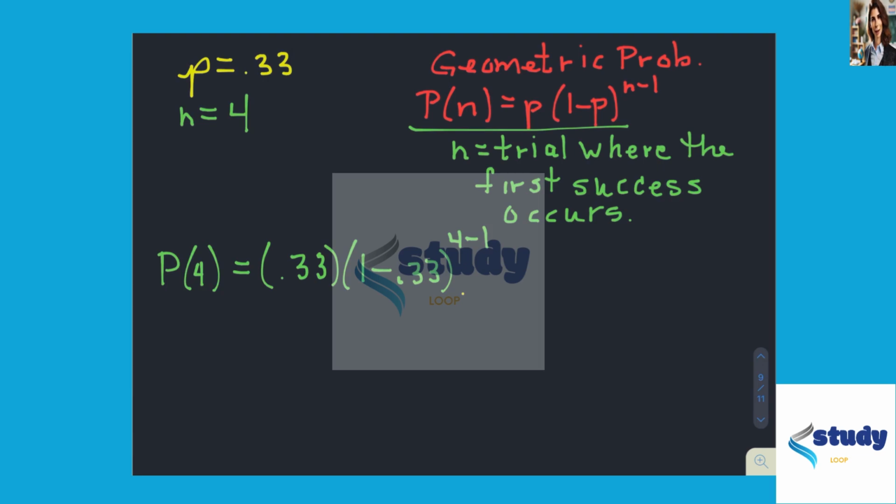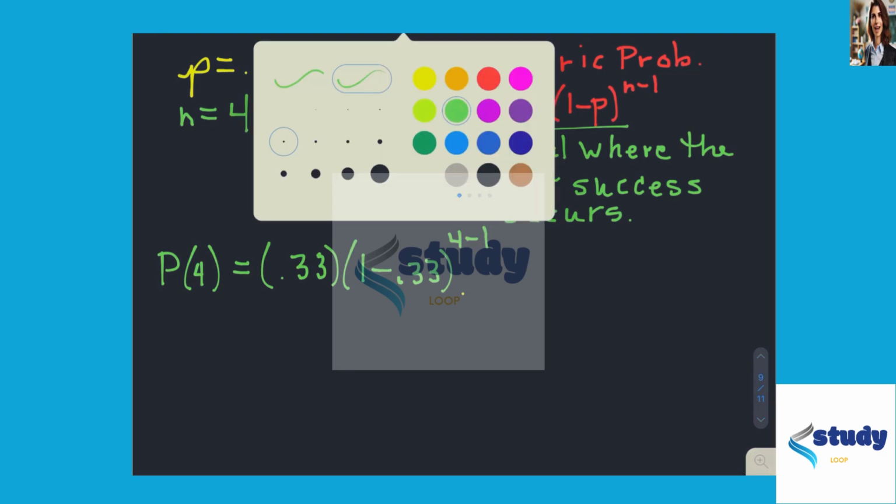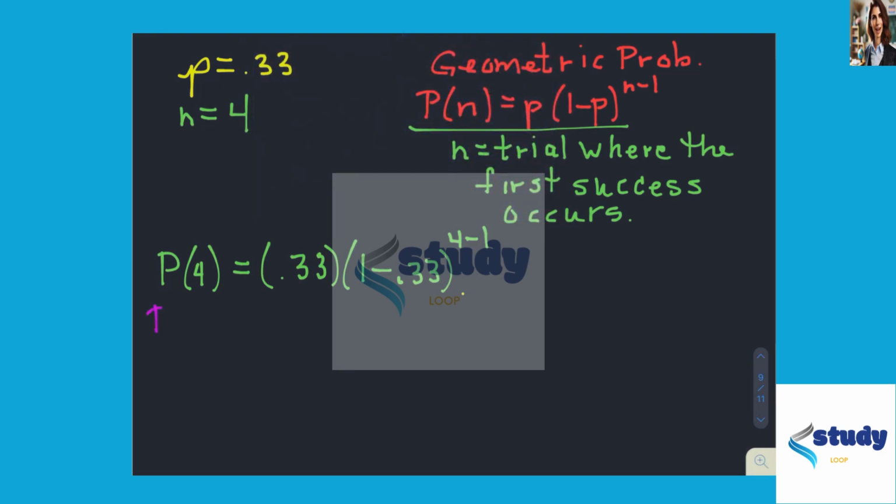So we can clean it up before we grab the calculator. So we could say that P of 4, or the probability success occurs on the fourth trial, is equal to 0.33. If we calculate 1 minus 0.33, we get 0.67. And then the 4 minus 1 would be the third power.